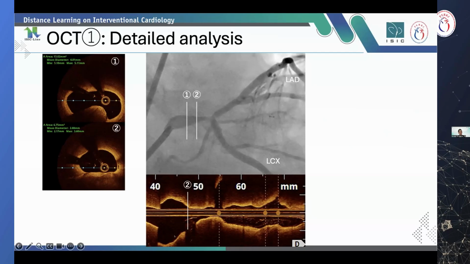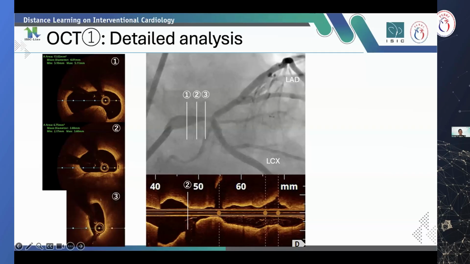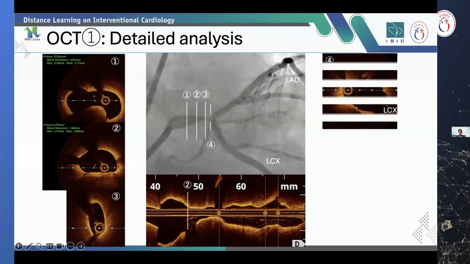So firstly, I decided this lesion could be the proximal landing zone, because it doesn't have any lipidic plaque. There's a small risk of coronary edge dissection. This is a very soft plaque.